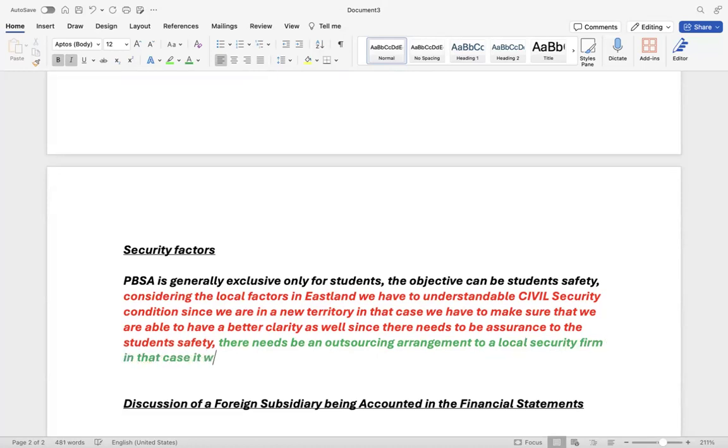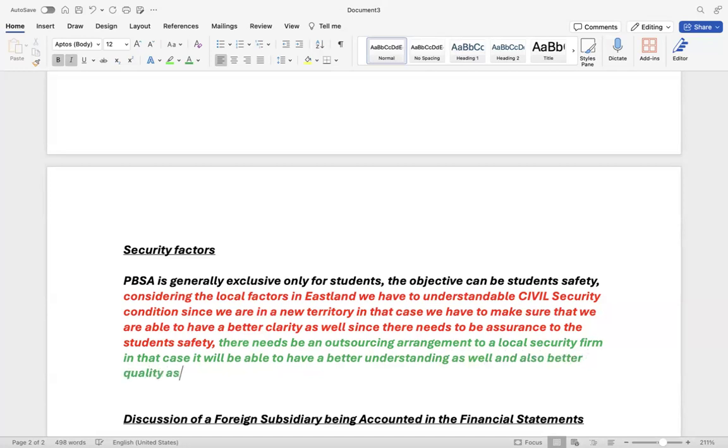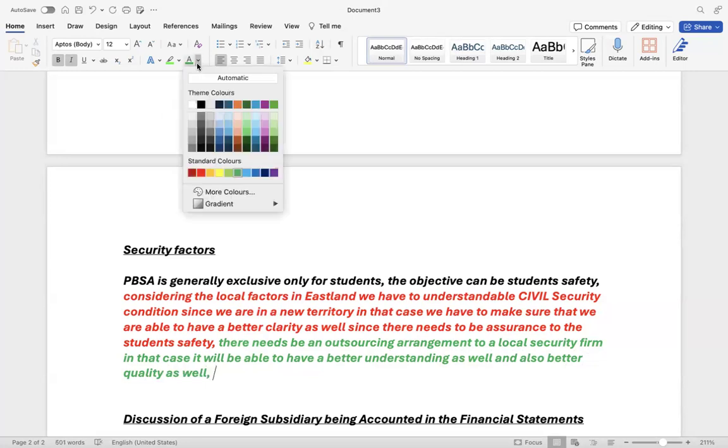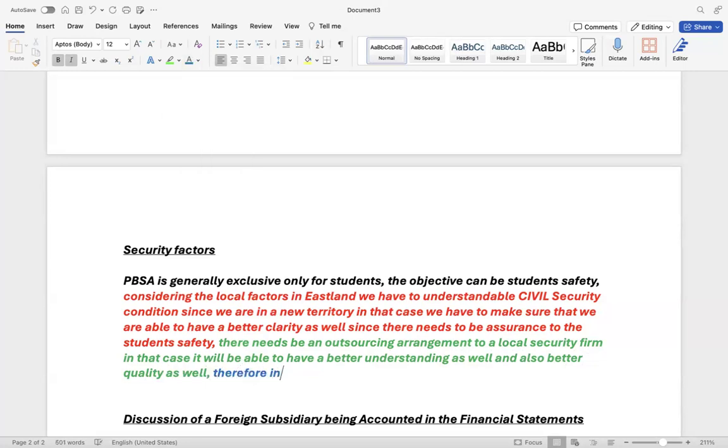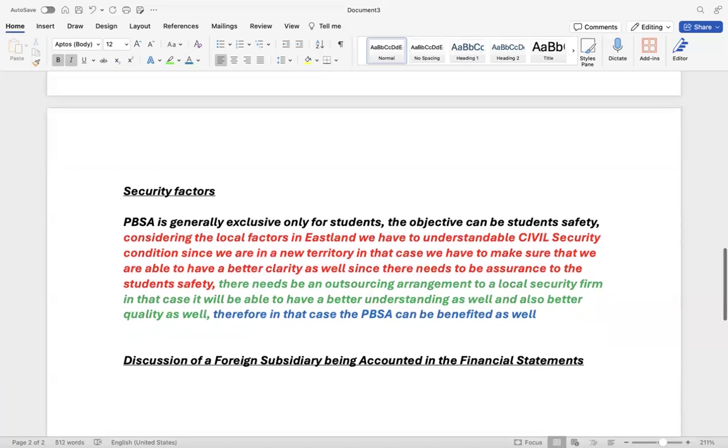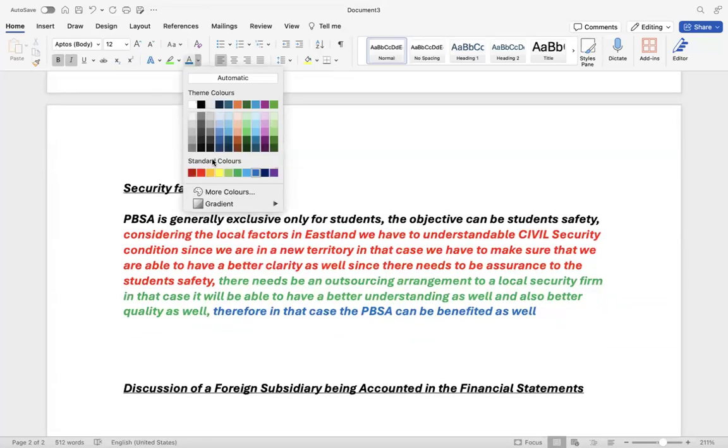In that case, it will be able to have a better understanding as well, and also better quality as well. So finally, I'll write down here. Therefore, in that case, the PBSA can be benefited as well.